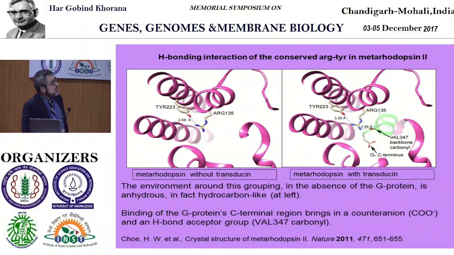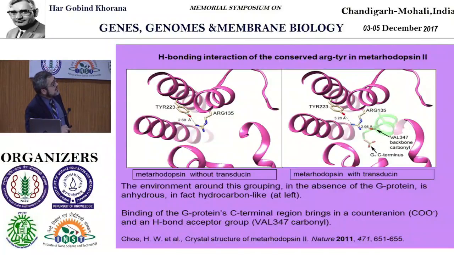While this structure was able to discern numerous water molecules, several dozen in the crystal structure, none of them are within 5 angstroms of this tyrosine-arginine H bond. In fact, the only other group that might serve within 5 angstroms as a possible H bond donor or acceptor from arginine is another tyrosine, which is slightly farther away.